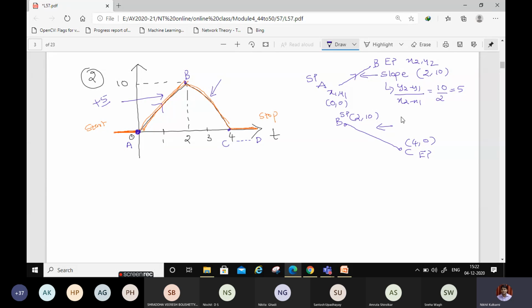So this slope will be 0 minus 10, y2 minus y1, divided by x2 minus x1. So this will be minus 5. So this slope will be minus 5.